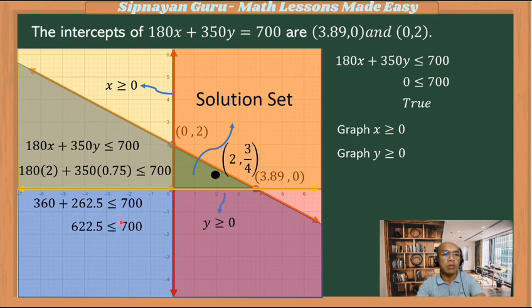Add, so that is 622.5, less than or equal to 700. So indeed, this is true. So this is just one possible combination of number of kilos of chicken and tuna that Joe McSilence can buy in order that the amount will not exceed 700 pesos.